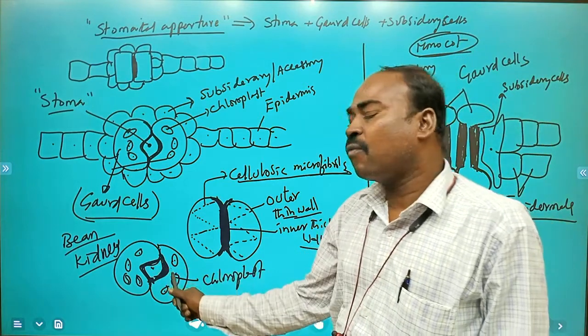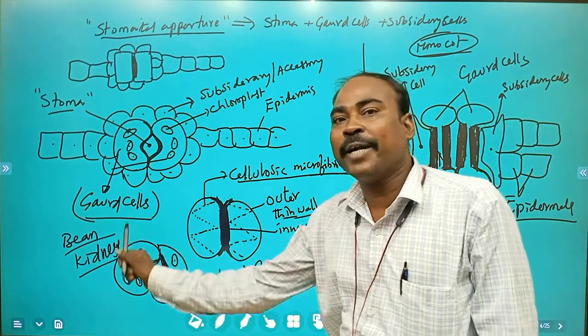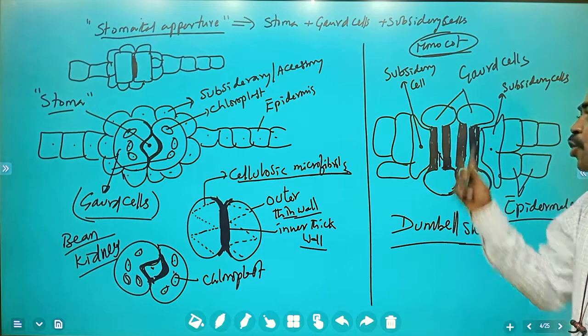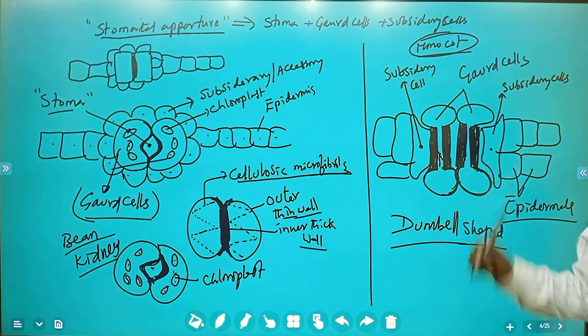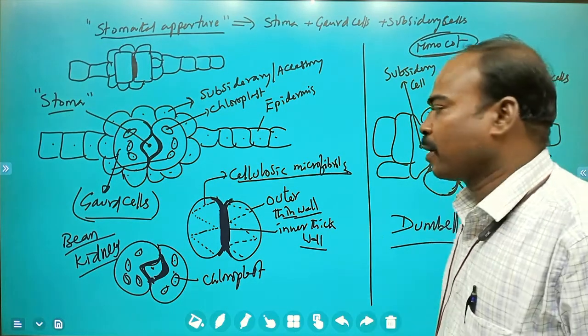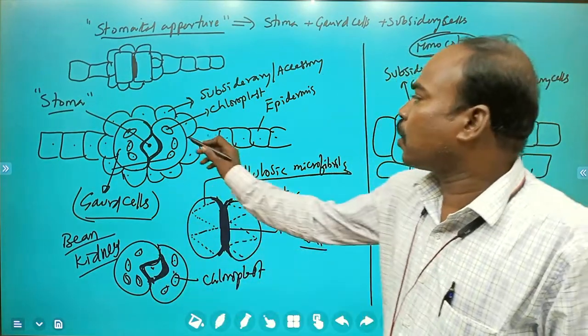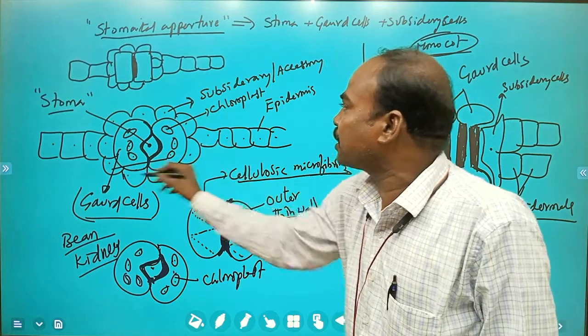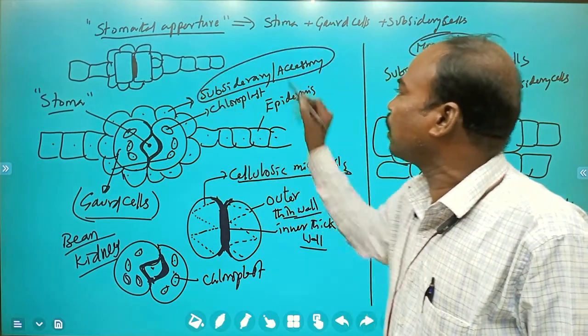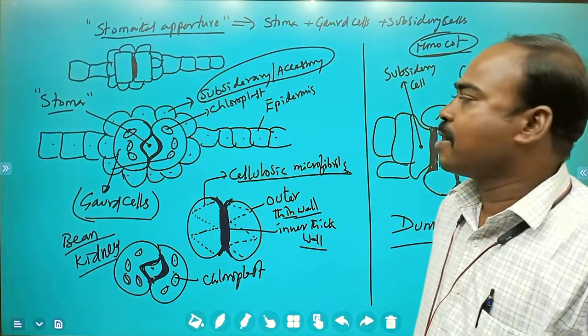The guard cells of dicot plants are kidney or bean shaped, whereas the structure of guard cells in monocots is a dumbbell shape. Very important. Guard cells have uneven thickenings surrounded by specialized parenchyma cells called subsidiary cells or accessory cells.